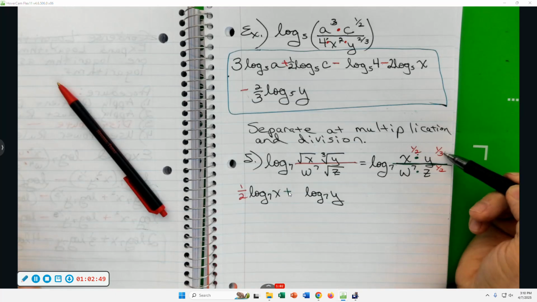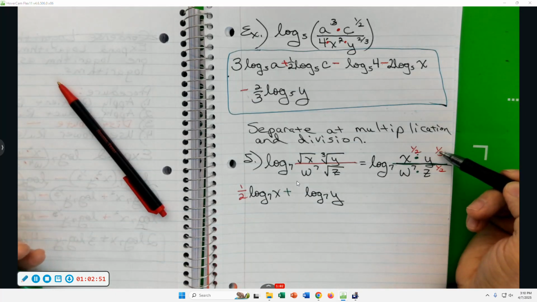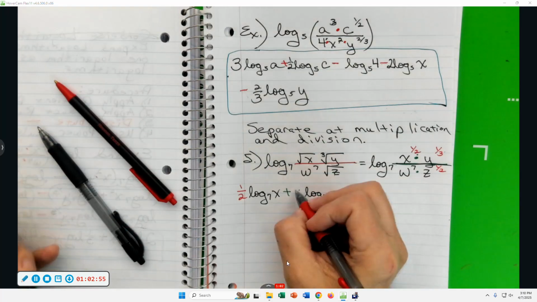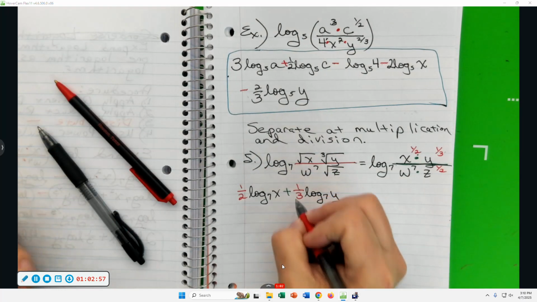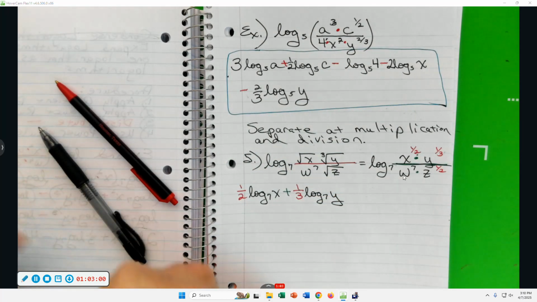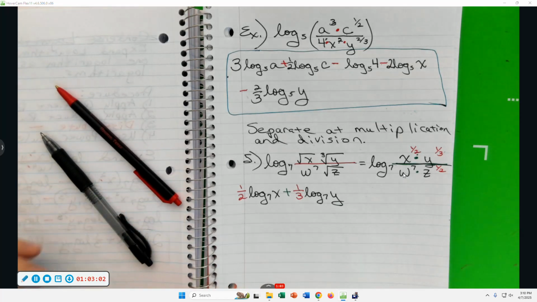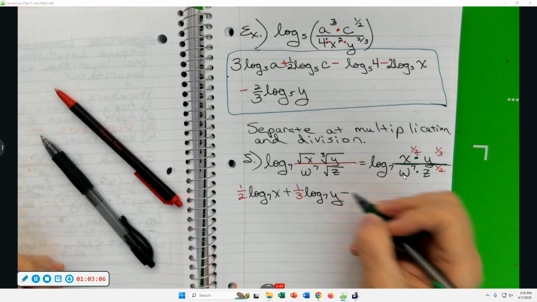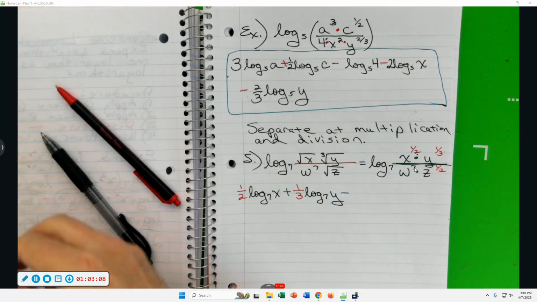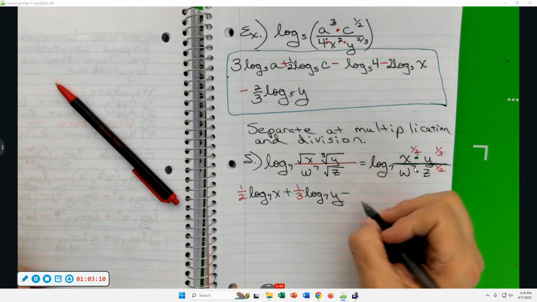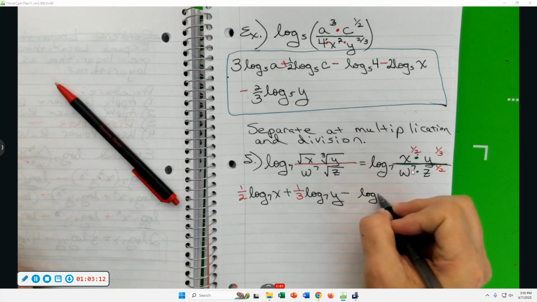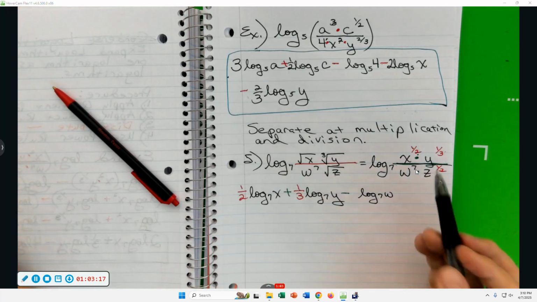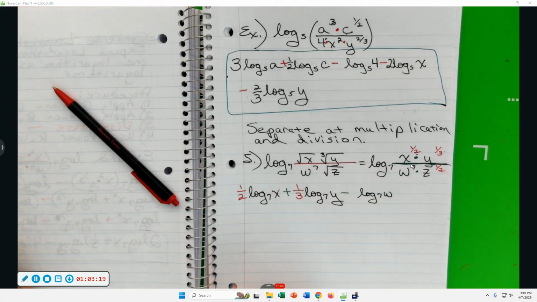What will I do with that 1/3 exponent? It goes in front of the logarithm. Now we're moving to the denominator. So plus or minus? Minus. Okay. We have a log base 7 of w. What am I going to do with that exponent there?